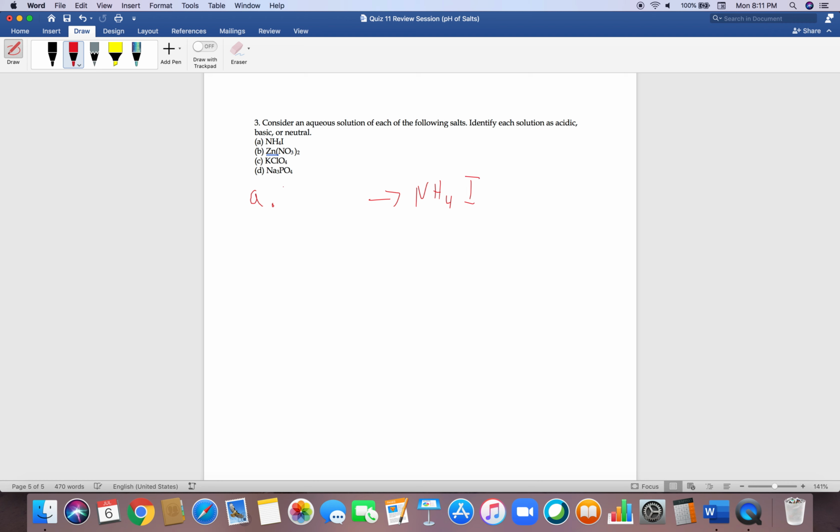Well, it must be coming from an acid, and the only acid with iodide is hydroiodic acid, and it's going to come from the weak base ammonia. So ammonia is a weak base, and hydroiodic acid is a strong acid. So strong acid, weak base, we get an acidic salt.